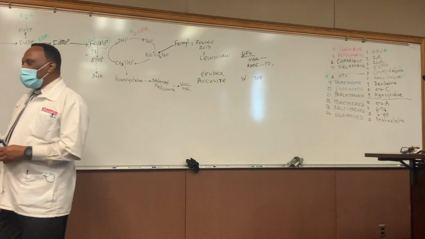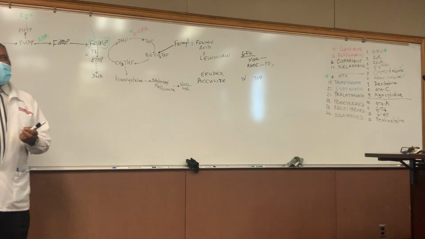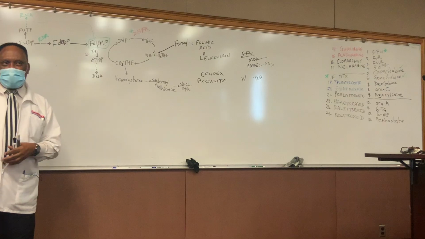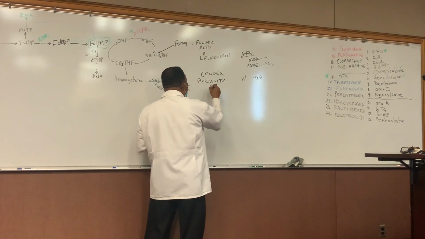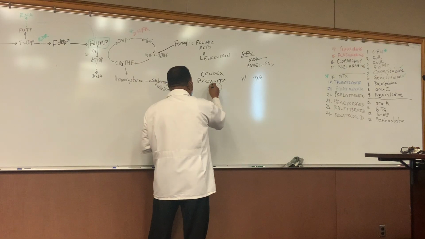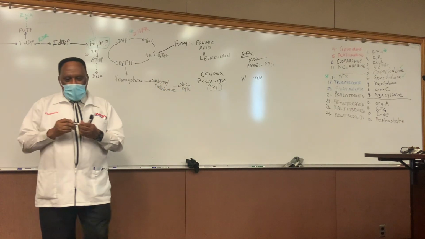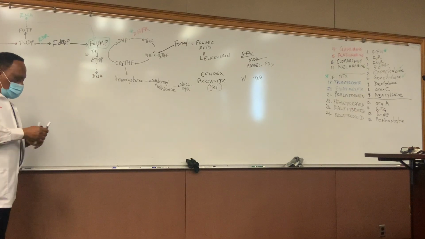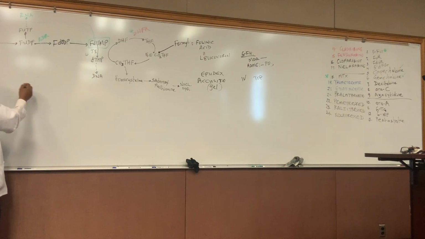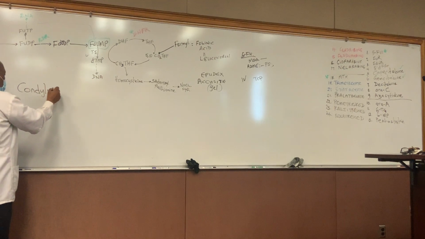So Accusite is used only for one thing, and that's for genital wart. It's a gel form of your 5-FU. What you will say will be condylomata acuminata.